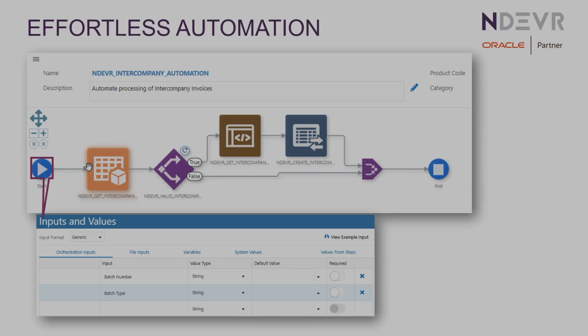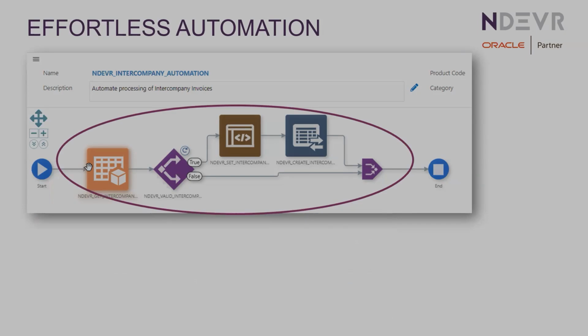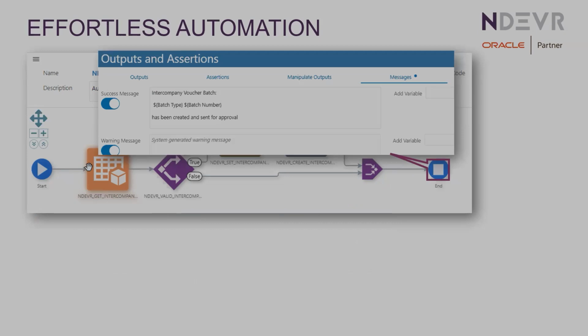So I've got the inputs, which are batch number and batch type, and then I've got the various service requests that do the work, rules, form requests, etc. And that will actually generate the intercompany vouchers. And next, I configured an output message that said there's a voucher being created, here's the batch number, and it's been sent off for approval.